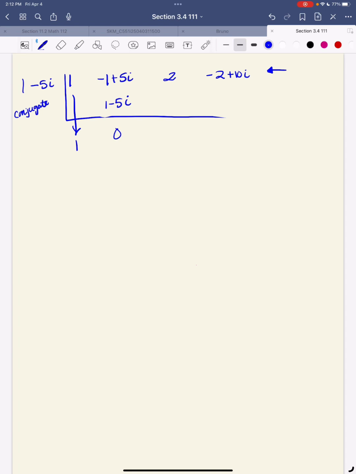So 1 minus 5i times 0 is just 0. 2 plus 0 is just 2. 1 minus 5i times 2 will give a 2 and a minus 10i. Now this will cancel and we'll get 0, just as we expected, because we knew that the conjugate of 1 plus 5i, the 1 minus 5i, is also a 0. So we have that we had the 0 x minus 1 plus 5i.